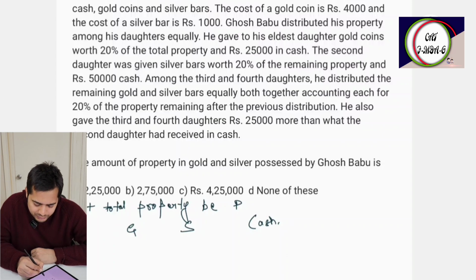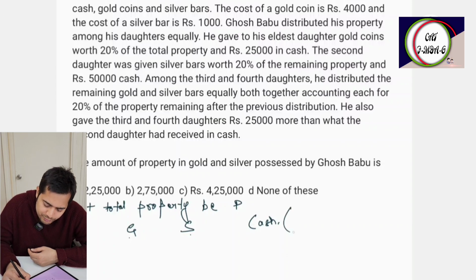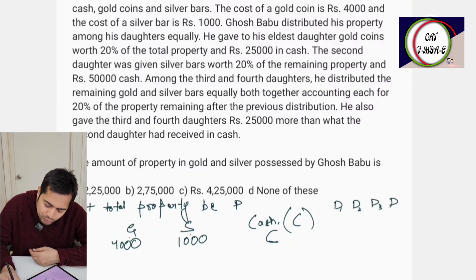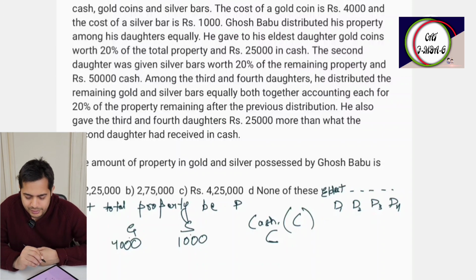So let us assume that he has G gold coins, S silver bars, and a certain amount of cash, which can be written as C. And one gold coin costs 4,000 rupees, one silver bar costs 1,000 rupees, and cash is C. And it is given that there are four daughters, D1, D2, D3, D4. We can consider D1 as the eldest daughter, and likewise age is decreasing.